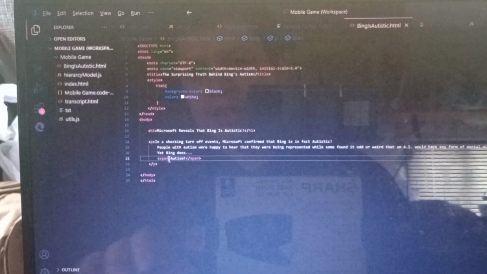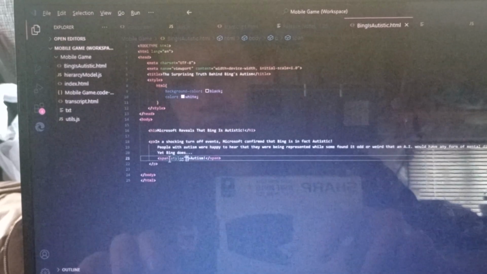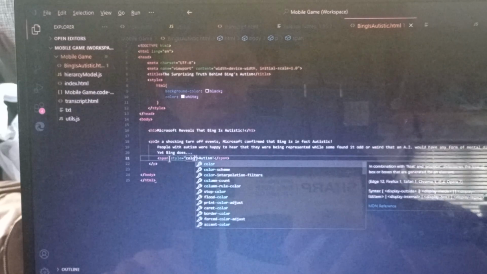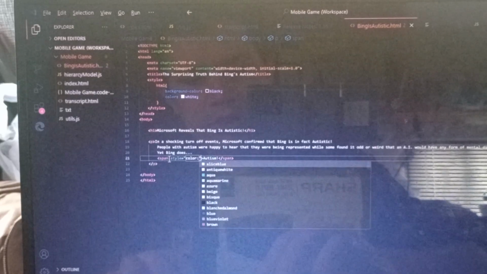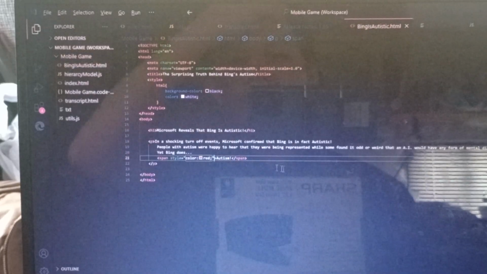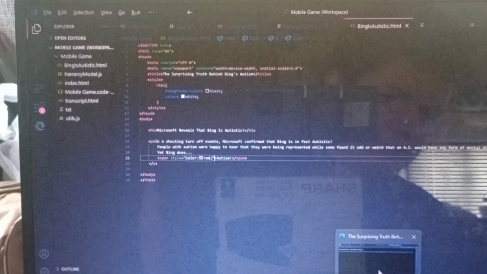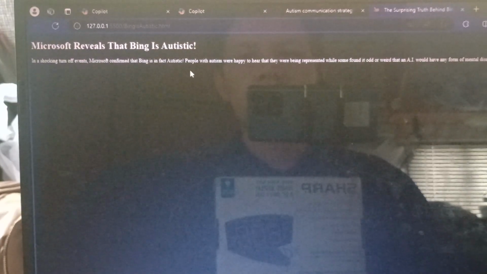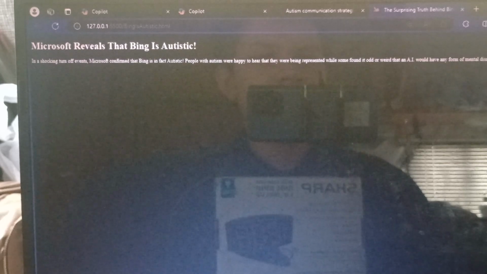So this band does nothing, but if I go style, for example, I'll just change color to red and show you. And now if I turn it back on, you see that anything inside this will do like that.